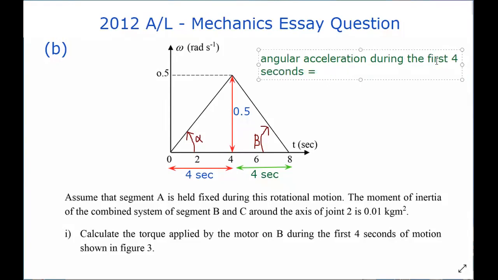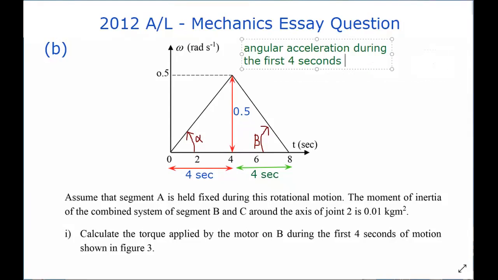Whether it is an angular velocity graph or a linear velocity time graph, acceleration is always given by, Lamai, tan alpha. Very good. So angular acceleration during the first 4 seconds is the gradient, which here means tan alpha. So please write this is equal to tan alpha.